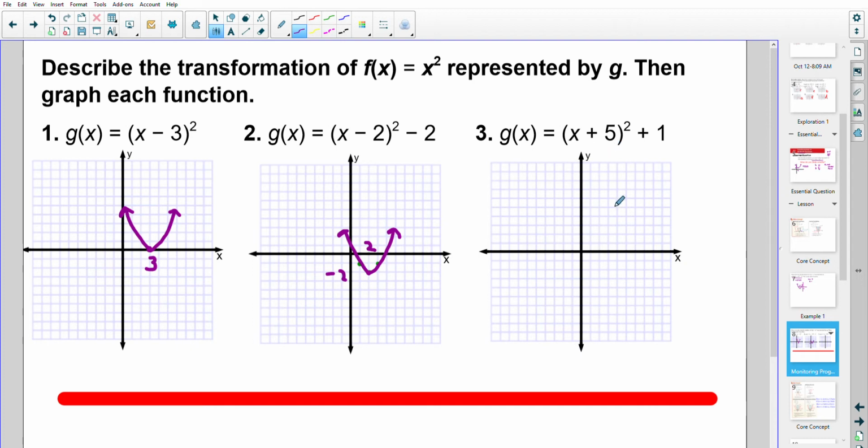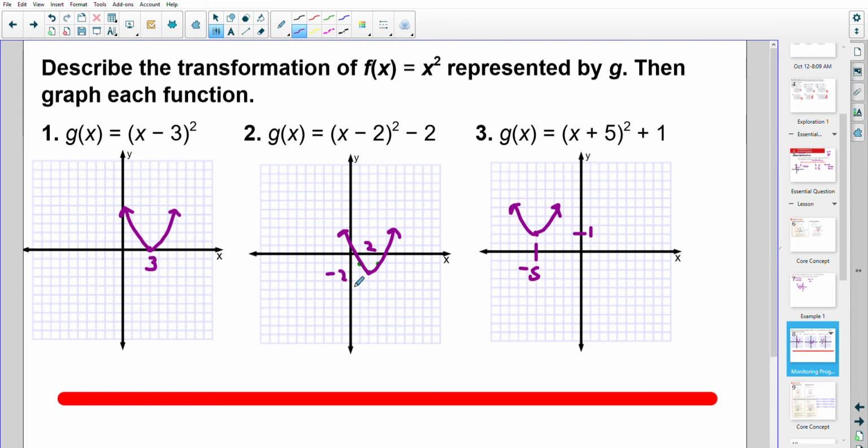And this one has a vertex which is going to be (-5, 1). Without counting all of these, you can just put a mark here and say that's going to be -5, and this is going to be equal to 1, so it spreads it out nicely, and then you know that's going to also open up.